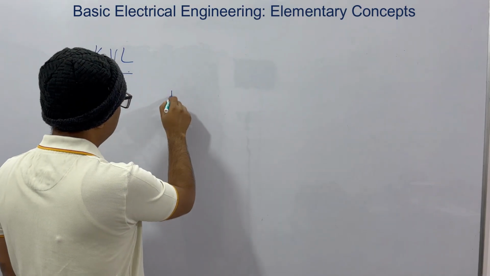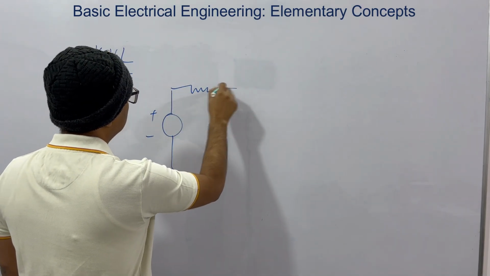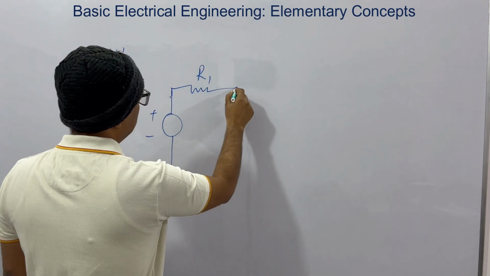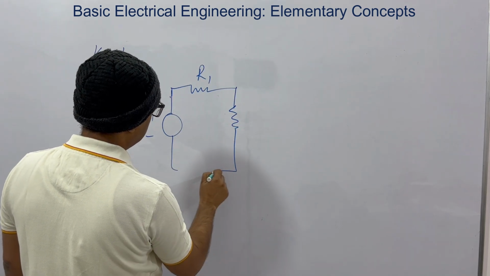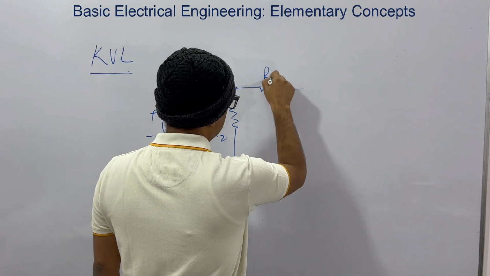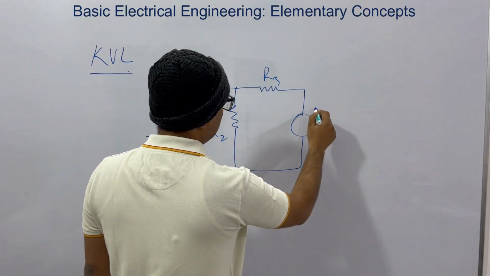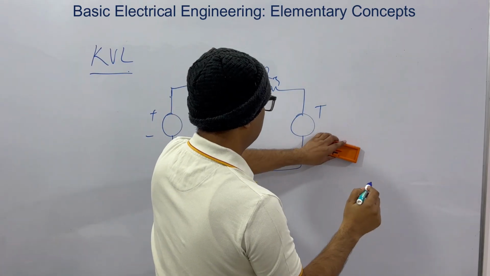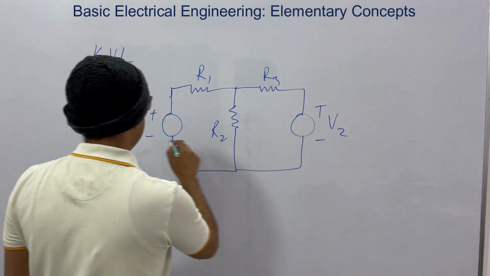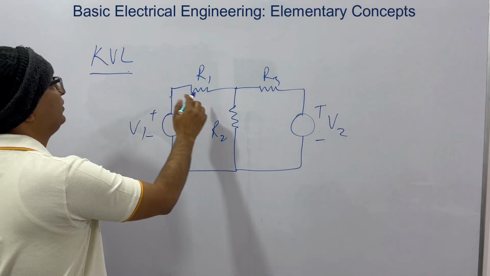Why? Let's say these are two circuits. I am making two circuits. Let's say this is R1, this is R2, let's say this is R3, and this is another voltage source. Let's say this is V2, this is V1. Okay, how do we perform KVL?